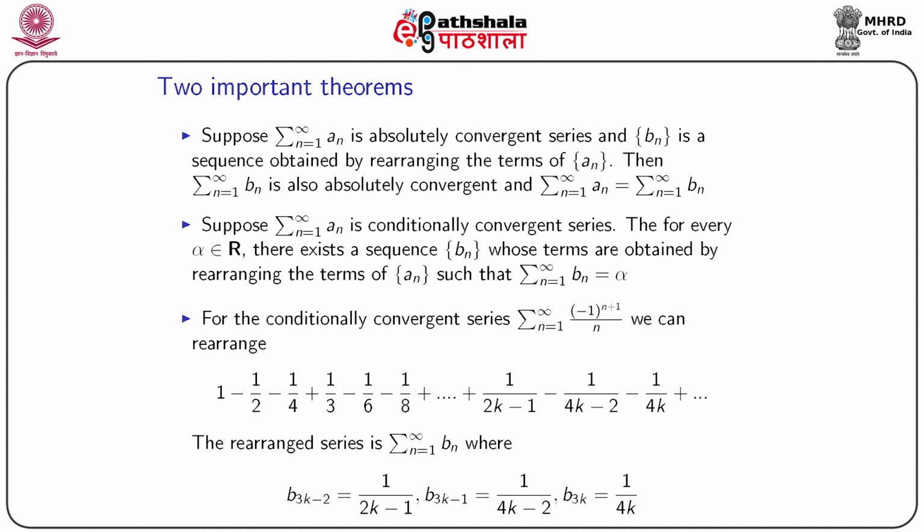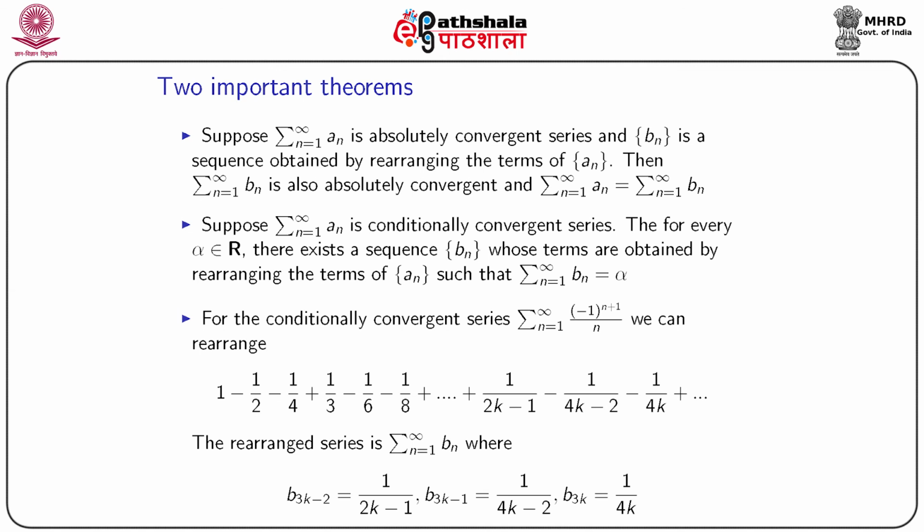We will discuss one important application of this theorem for this example. We are considering the conditionally convergent series, sum n from 1 to infinity of minus 1 to the power n plus 1 over n. Note that this series is conditionally convergent. We can rearrange the terms as 1 minus half minus 1/4 plus 1/3 minus 1/6 minus 1/8 and so on, and in general we can write 1 over 2k minus 1 minus 1 over 4k minus 2 minus 1 over 4k and so on.